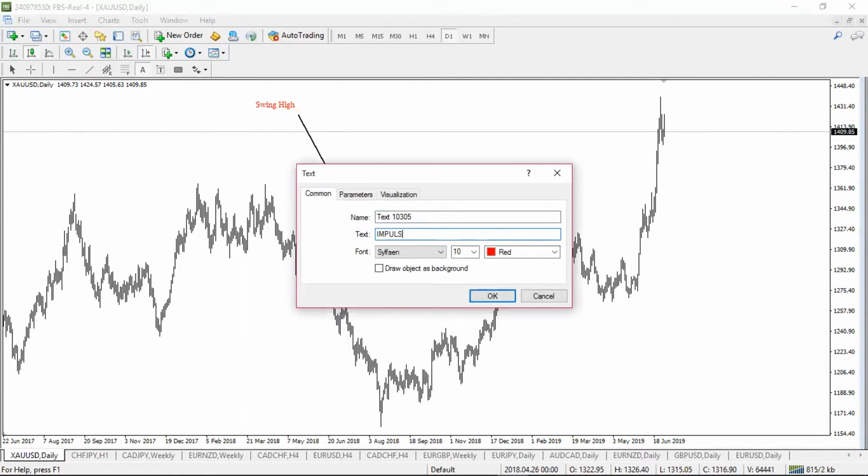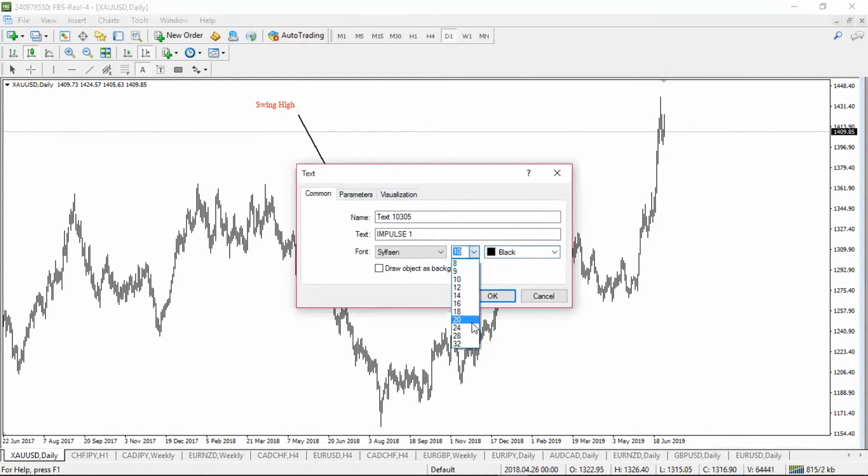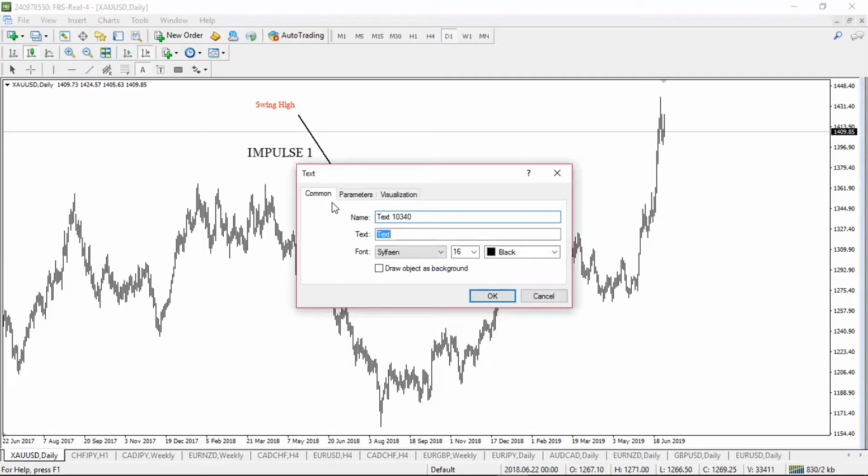I'm just going to label it impulse 1, in the direction of the new trend. Then from this swing high, you'll get your first low, which you can say is your initial low.